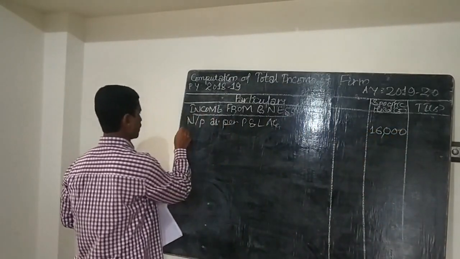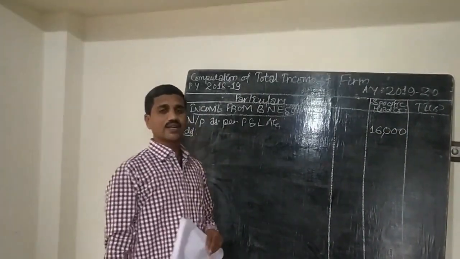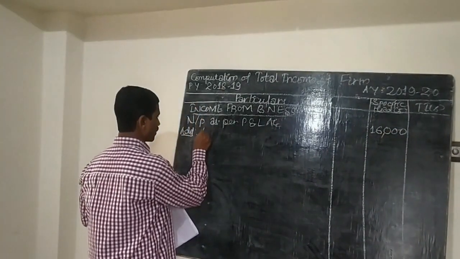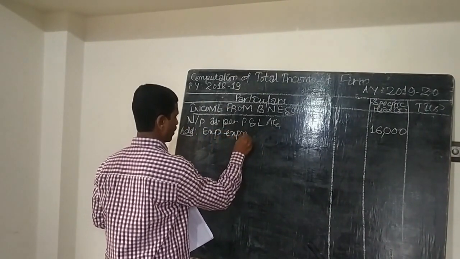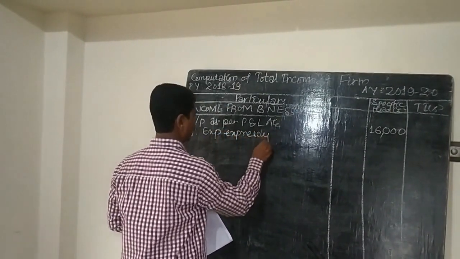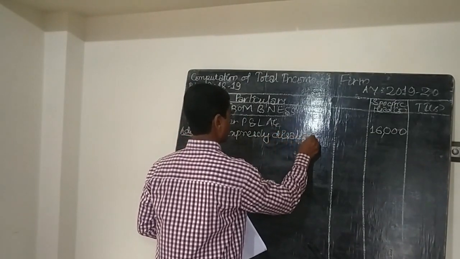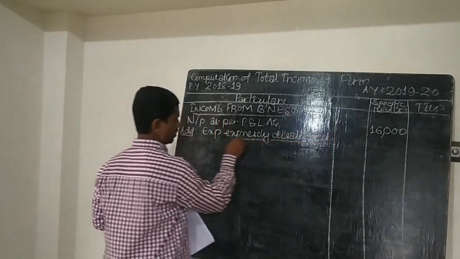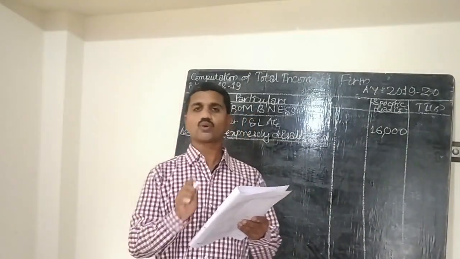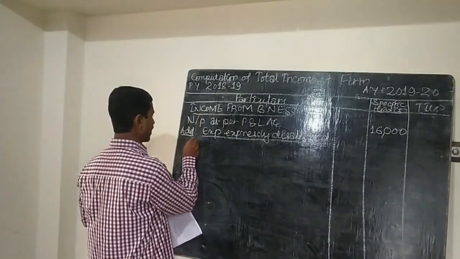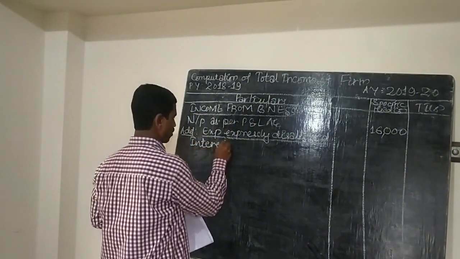To this, let us add those expenses which are inadmissible, that is, expenses expressly disallowed. Under this category, we have only one, that is interest on capital.